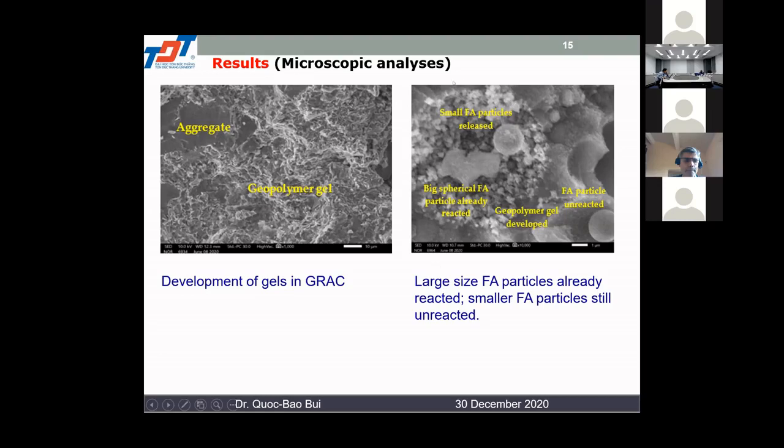On this picture, you see a big sphere, which is the big spherical fly ash particle already reacted. And inside of the big spherical fly ash particle, we have some small fly ash particles released. But the smaller fly ash particles are still unreacted. And between the fly ash particles, we can see some geopolymer gel developed.